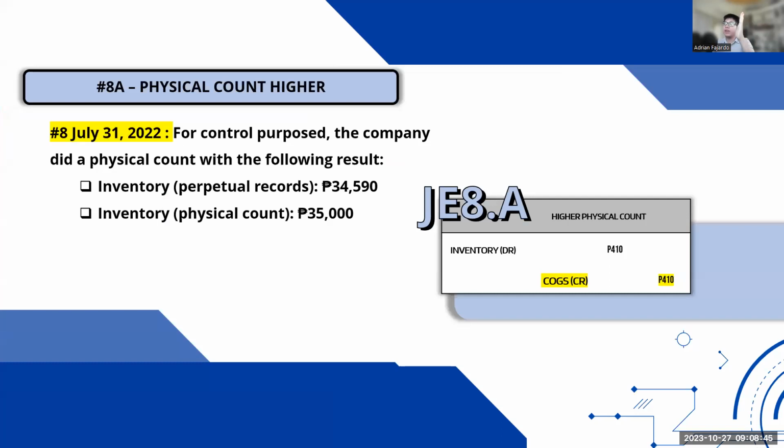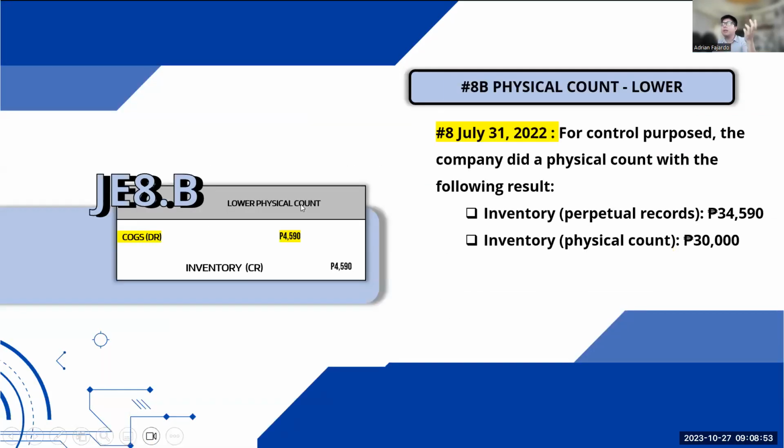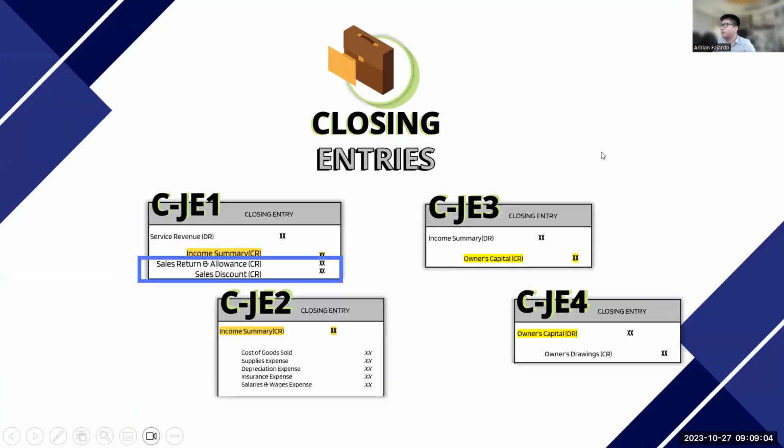So, we have to increase inventory by 410. So, debit inventory, credit COGS of 410. Ito, baliktad. We had to decrease it back down to 30,000. So, credit inventory, 4,590. Debit COGS of 4,590.